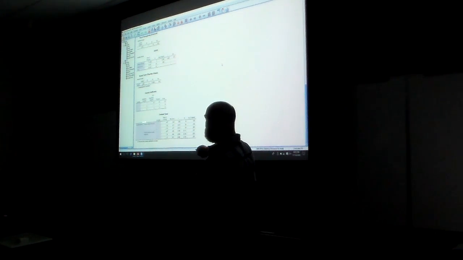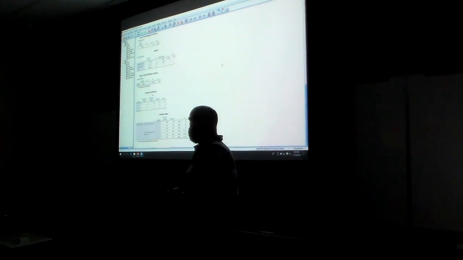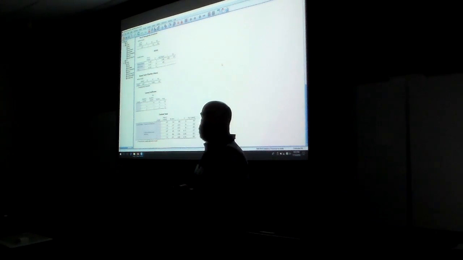Okay? You'll see equal variance is assumed, and equal variance is not assumed. This is using the first set of equations that we presented in the slide. This is our second set of equations. Now, which one of these do we use, Nick? The first one. The first set, right?